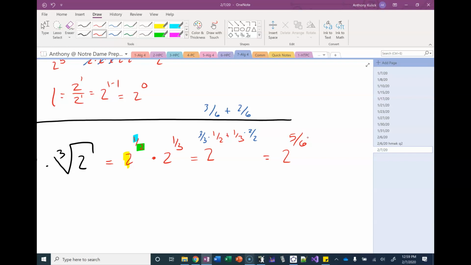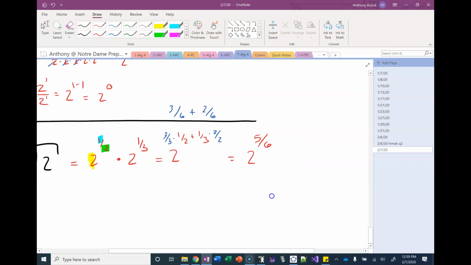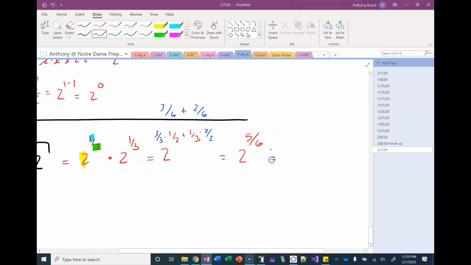My last step now would be to rewrite this in the radical form. So 2 to the 5/6 is what radical? What's the index for the radical? 6. The radicand under the radical is 2. And the exponent on the radicand is 5.